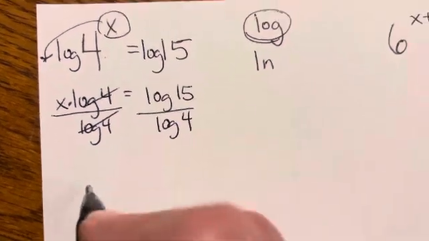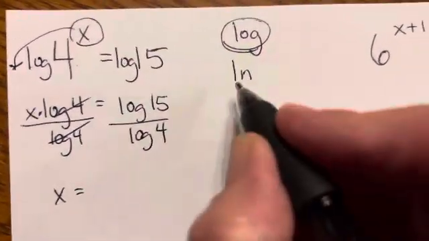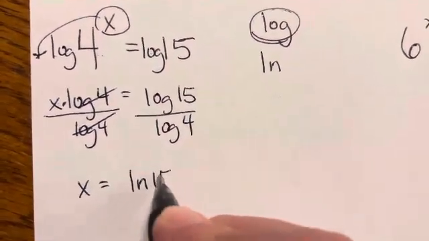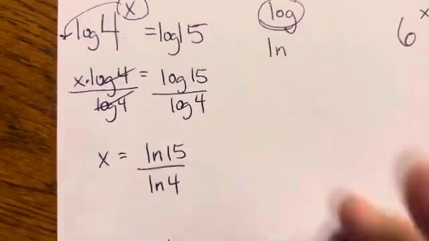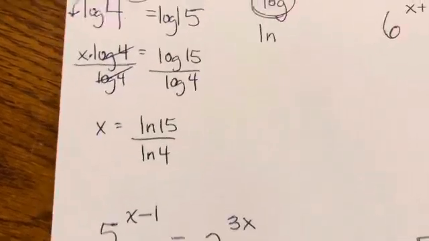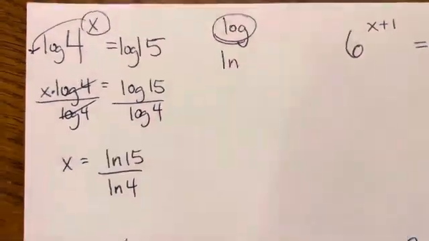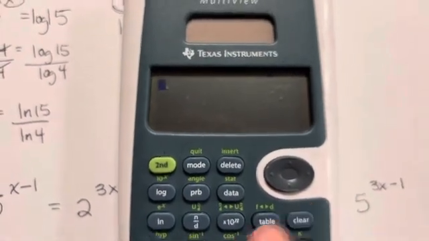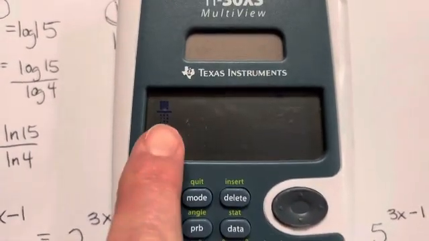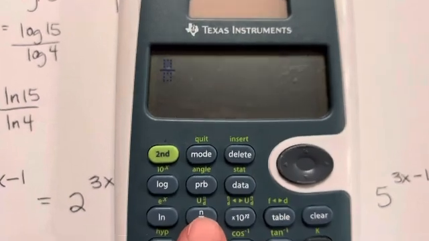Now, you could also have done it with the natural log, and you would still get the same answer. So whether you type in either one of these, WebAssign will count it right. And try it on your calculator, you're going to get the same thing. I'm going to show you real quick on the calculator. Again, if you have this fraction button, I love it. Makes it so much easier.